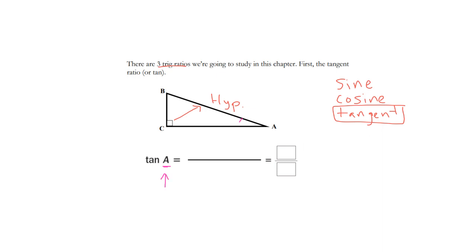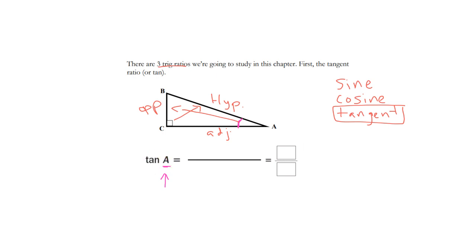So I'm going to put an arc in that angle because that's the angle we are referring to. Now, based on that angle, we know that the opposite side is over here, opposite of angle A. And if that's hypotenuse and opposite, then we know that this is the adjacent side.